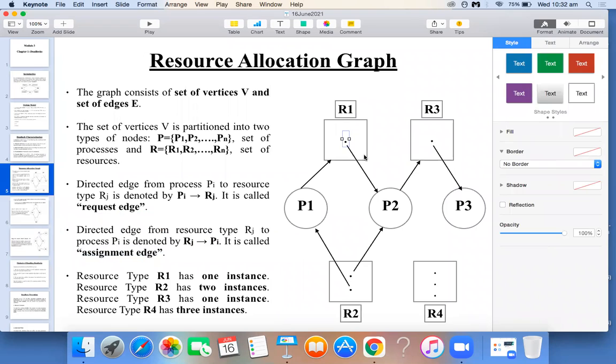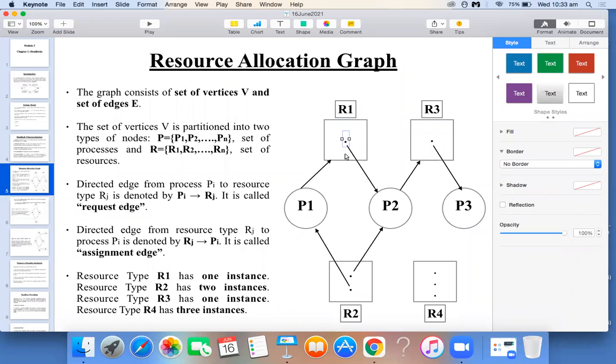Yes, sir. Okay, now what does this indicate? Instance. It tells us how many of resource R1 we have. So what does one dot indicate? One instance is present.